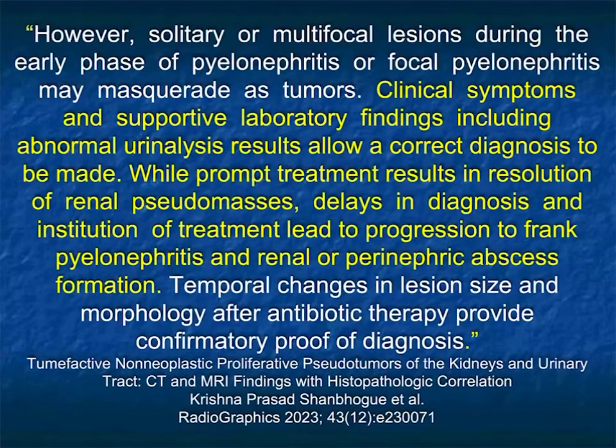And here was an article making the point: temporal changes in lesion size and morphology after antibiotic therapy provide confirmatory proof of diagnosis, which basically means you do not need to do a biopsy. And again, solitary or multifocal lesions during the early phase of pyelo or focal pyelo with abscess usually can masquerade as tumors. So a really nice case in that regard.